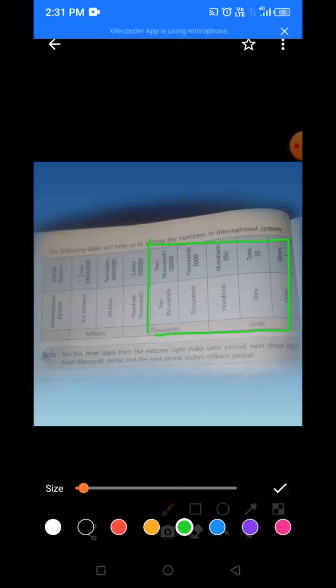You do not need to remember up to 10,000, but when you go to lakhs, you will see that in the Indian system we write lakhs, but in the international system they write 100,000.